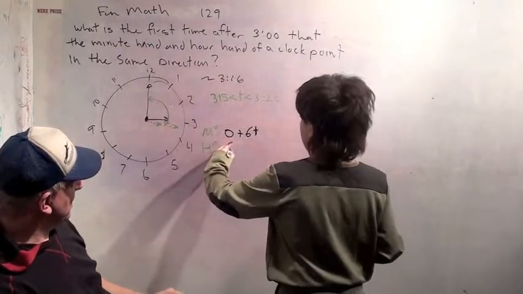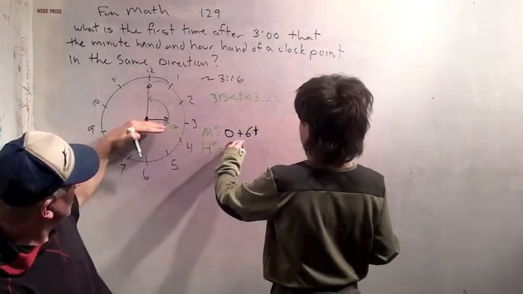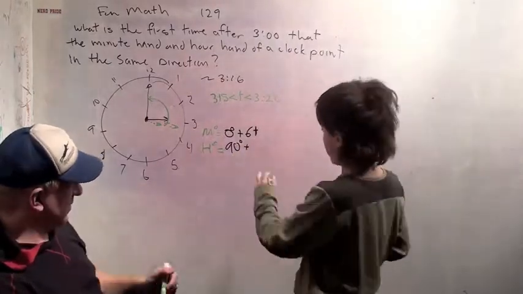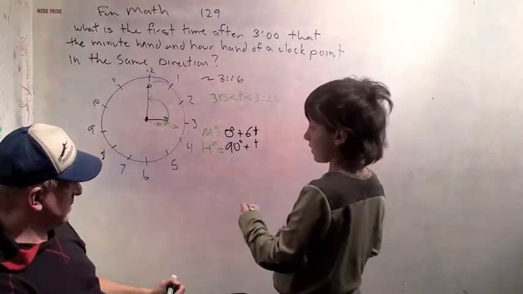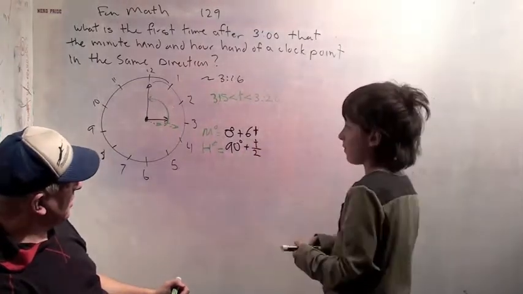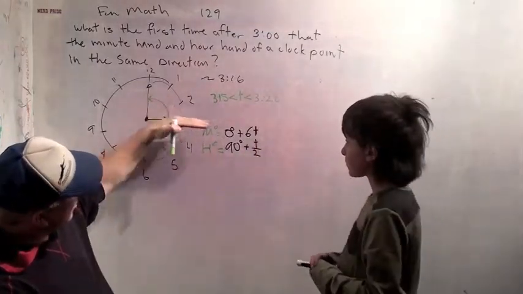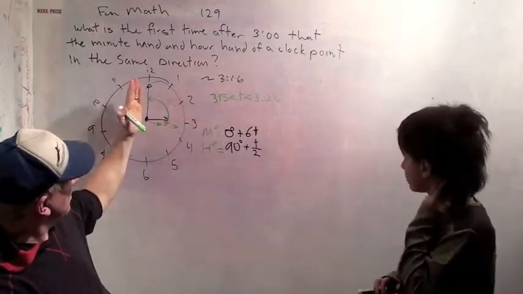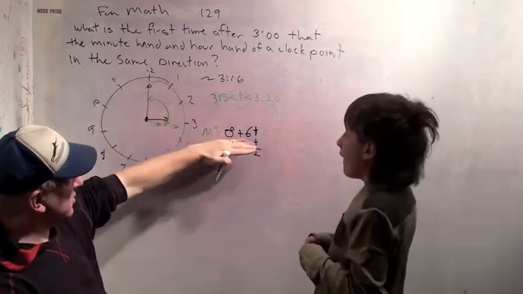It starts at 90. Okay, the hour hand starts at a 90-degree angle, and it moves how fast? Plus t over 2. It's half a degree per minute. Okay, great. So the minute hand starts at 0 degrees and it moves 6 degrees a minute.